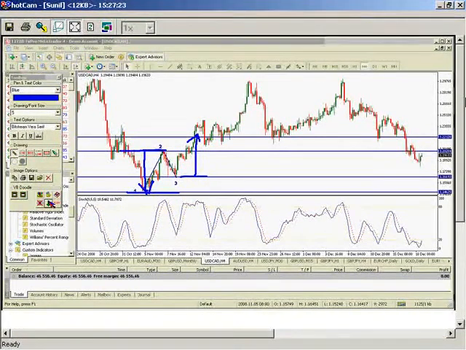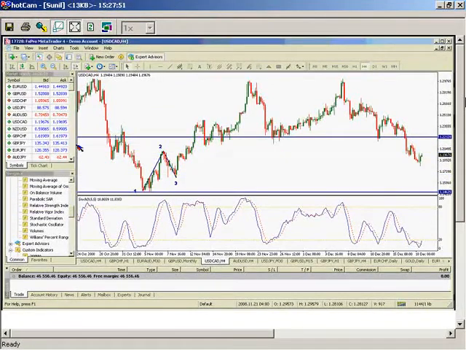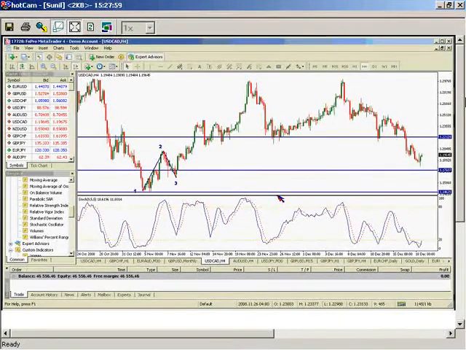Isn't it a fact? Your risk to reward ratio, where have we kept our stops? We have kept our stops down. Where do you enter the trade? That's another aspect of it. Let's assume that we are entering somewhere over here. What is your risk to reward ratio? Quite good.